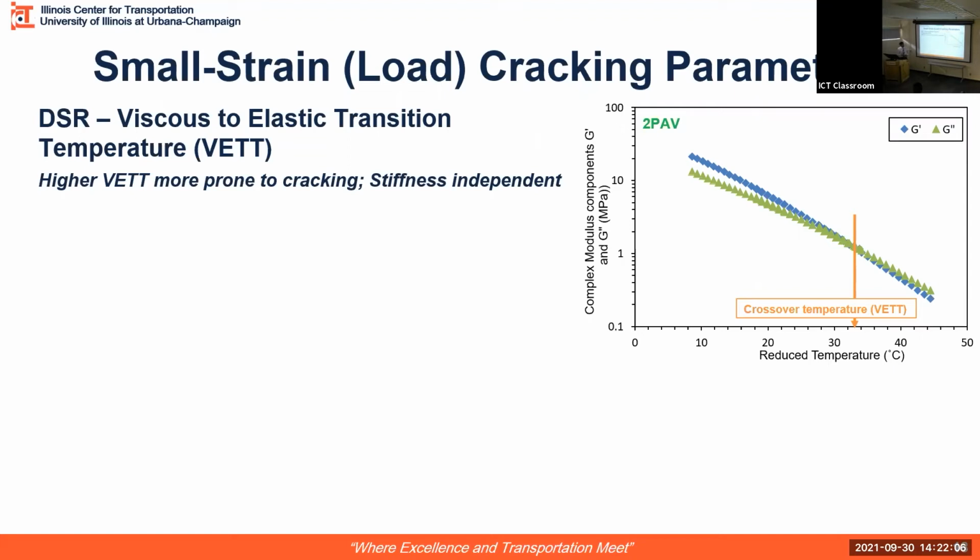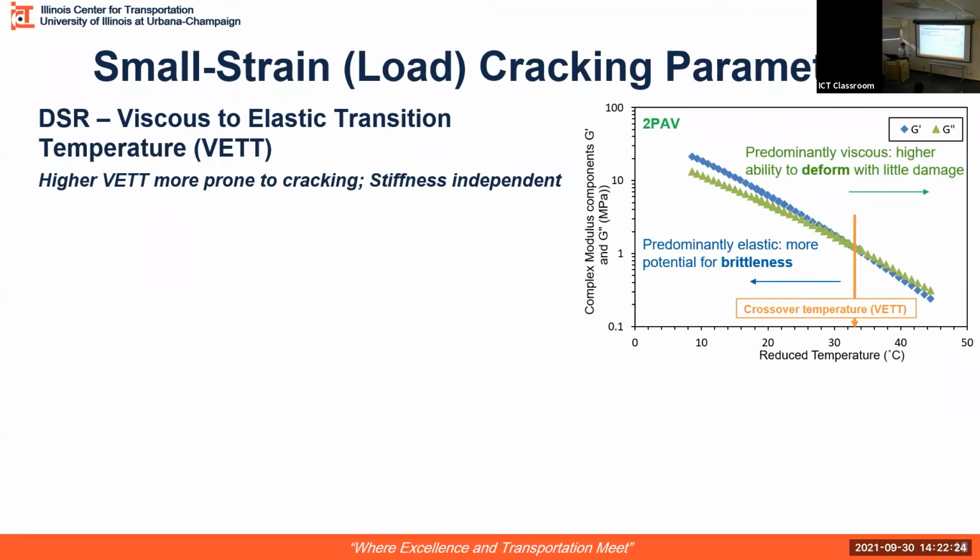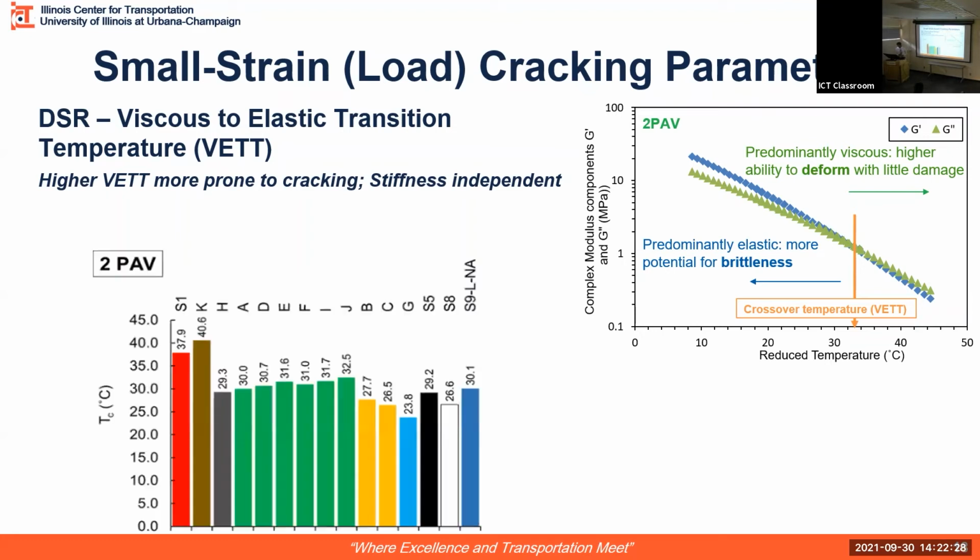Here is just a representation of what it means. If you subject your binder to temperatures below this crossover temperature, your binder behaves in a more brittle, elastic way. And if you are at a higher temperature, it behaves in a more viscous way.